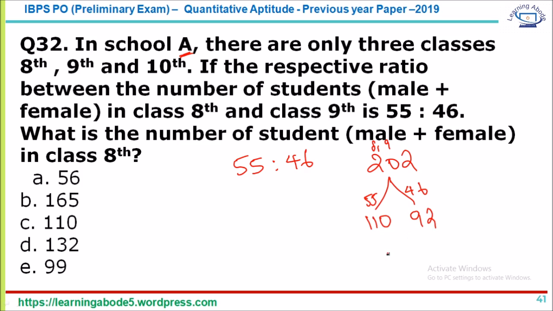So the number of students, male and female, of 8th class is 110. So the answer is option C, 110.